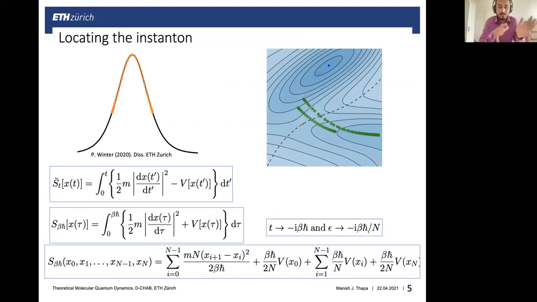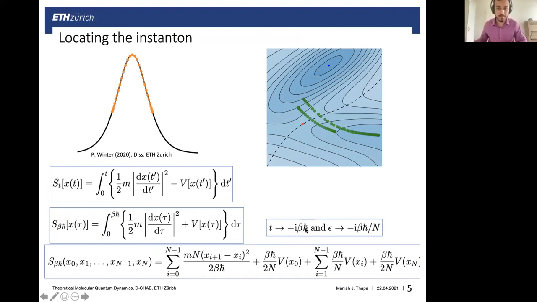And why is this so? So you see there are different kinds of action. This is the Minkowski action, right? And this is the Euclidean action. So the quantum propagator has this e to the power iS over h bar, right? And now let us suppose you switch t to become minus i tau, right?